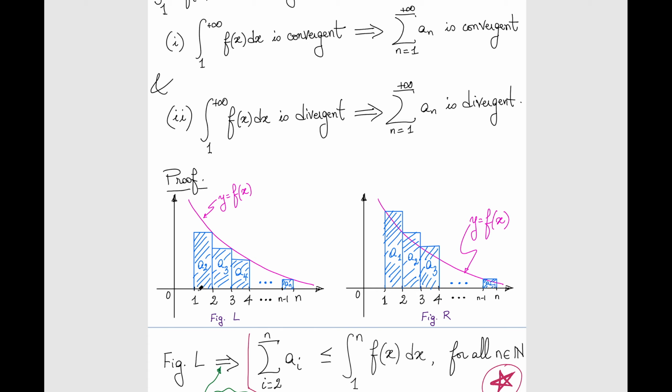Okay, so what are we doing? We partition the interval 1 to n into n minus 1 subintervals, 1 to 2, whose length is 1. So 1 to 2, 2 to 3, 3 to 4, etc., all the way n minus 1 to n.